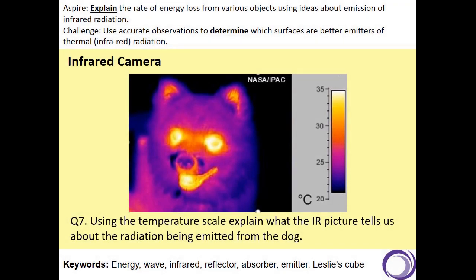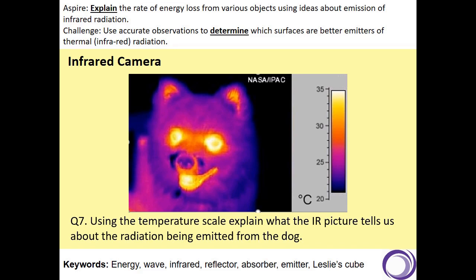Time up. So we've got eyes and open mouth there. We've got the highest temperature, probably around about 35, I would have thought using that temperature scale. Between the eyes, probably about 30. So we've got certain areas of that dog that are emitting more infrared radiation.